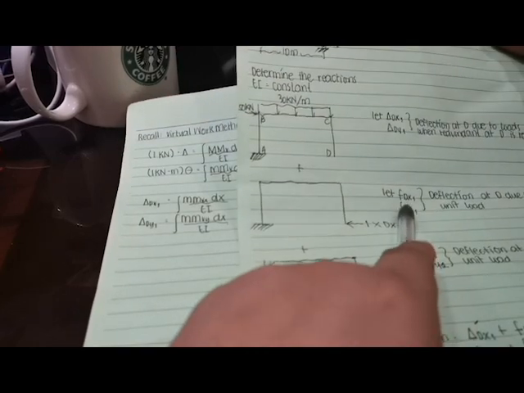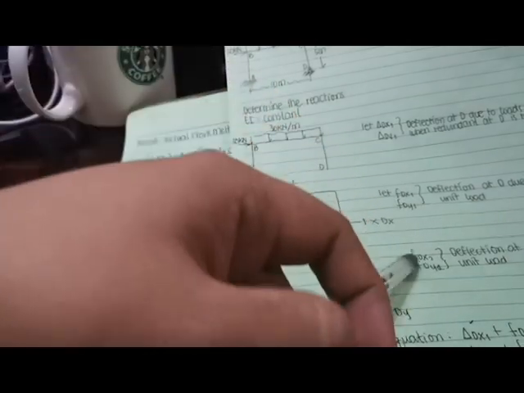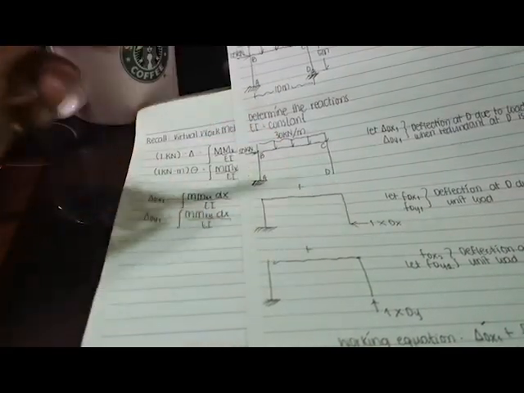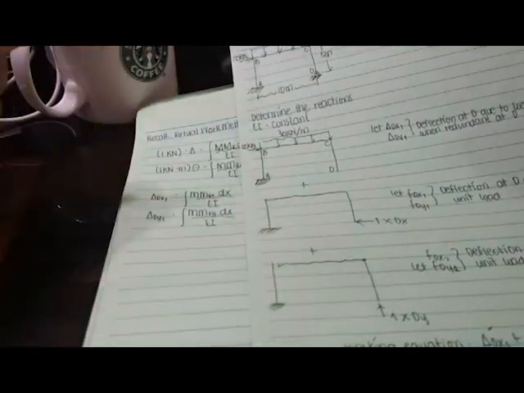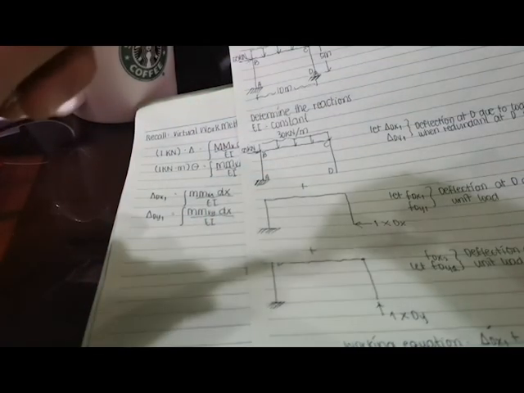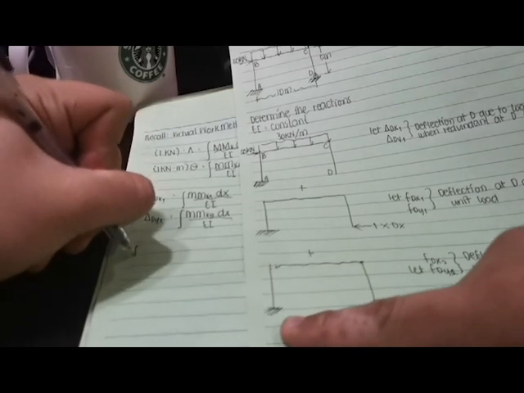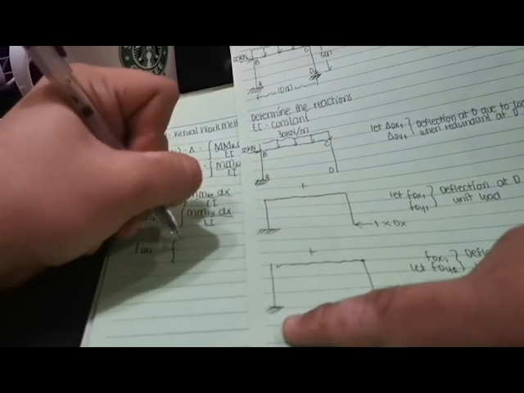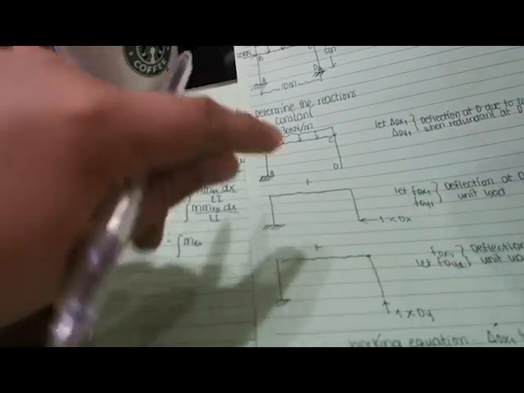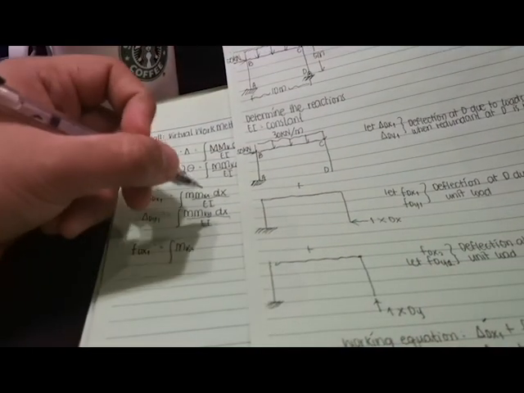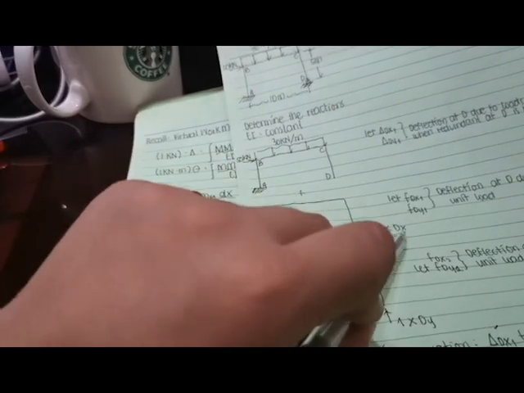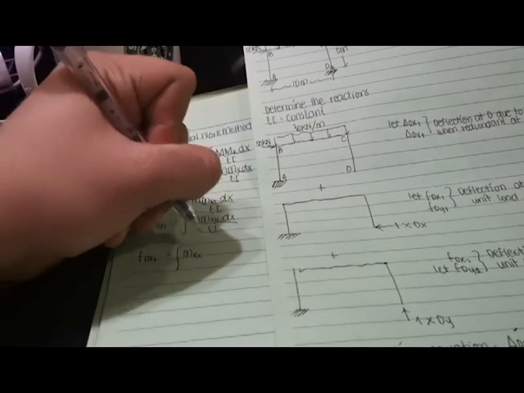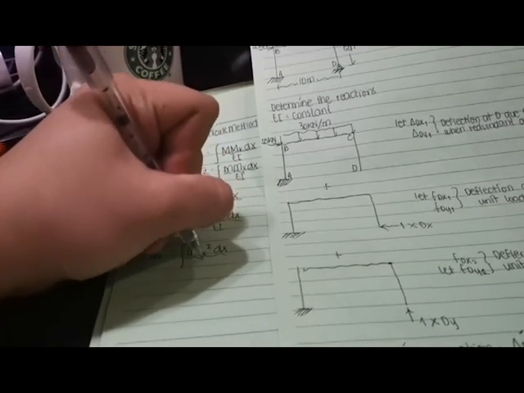Now we're going to determine your fdx1 and fdy1. In fdx1 and fdy1, we are aware na your real frame is also the same as your virtual frame. So therefore, fdx1 will just be equal to the integral of mvx times, dahil ang virtual natin in determining the horizontal deflection is just the same as the real, we just square this one, multiplied by dx over EI.